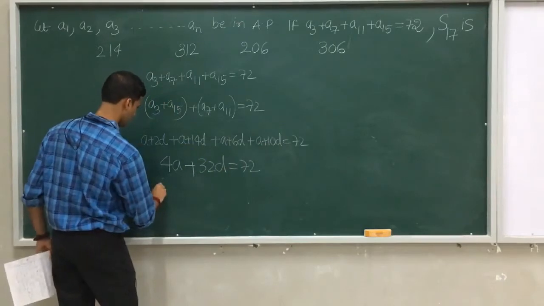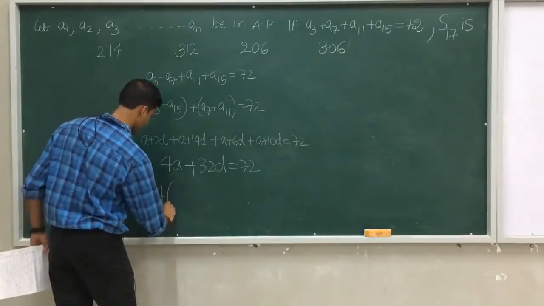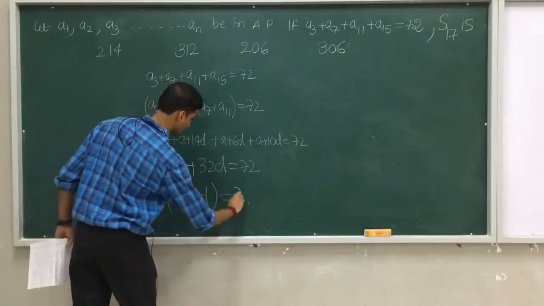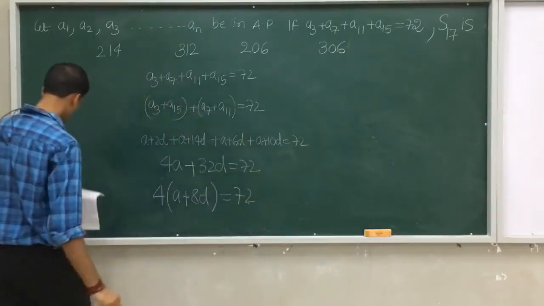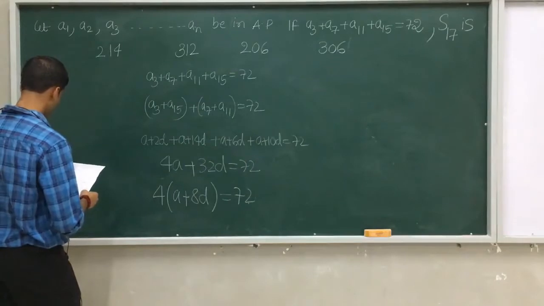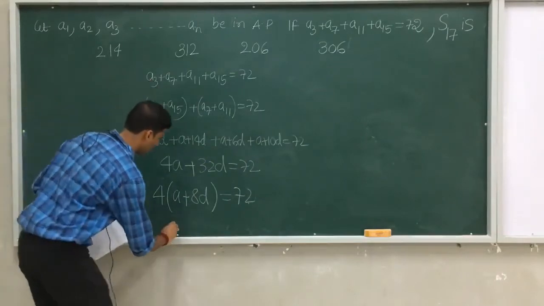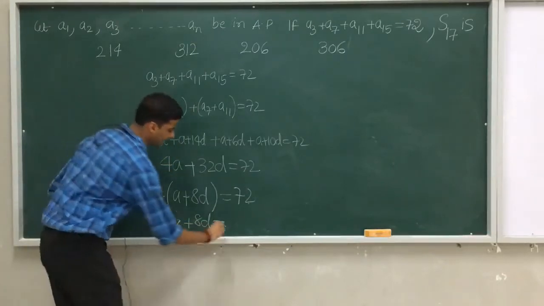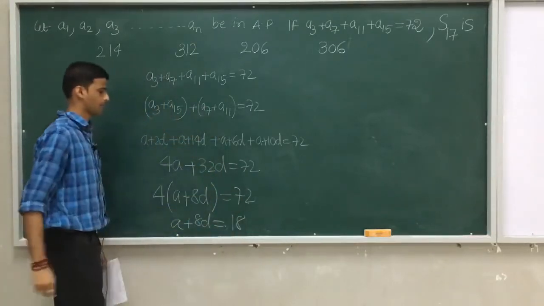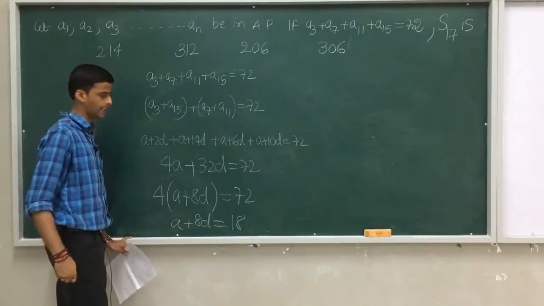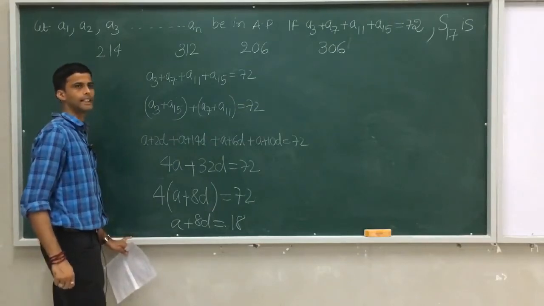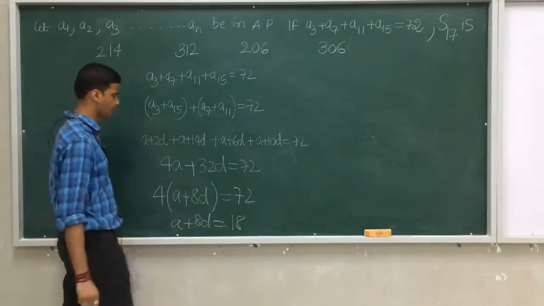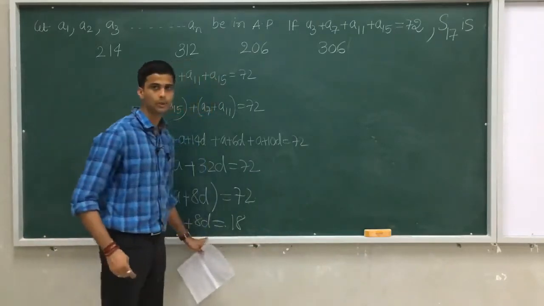If you take 4 common, you are left with a plus 8d equal to 72 divided by 4, so a plus 8d is 18, because 18 fours are 72. Now you may ask what is the use of this? We will see now.